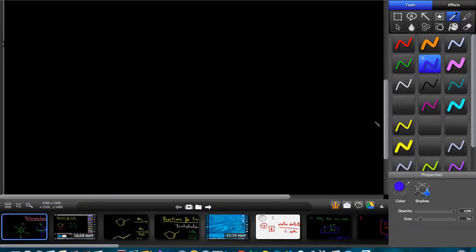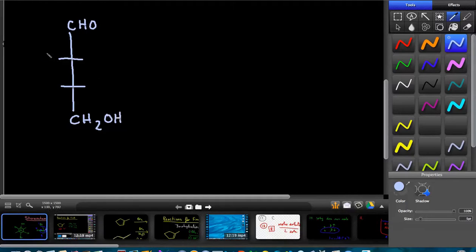This time let's look at a simple question: can we determine the relationship between a pair of structures? And I've actually given you some more difficult versions of this. So let me give you an easier one this time. So there's one compound.